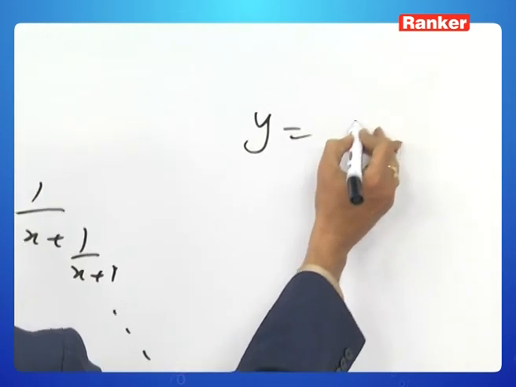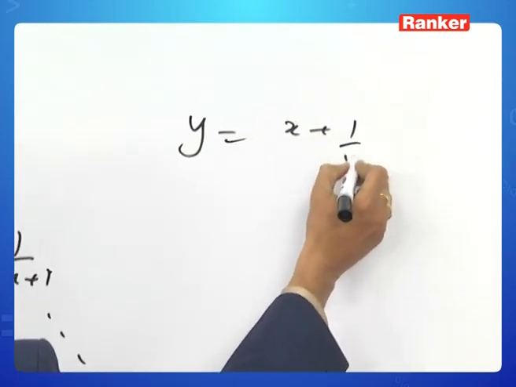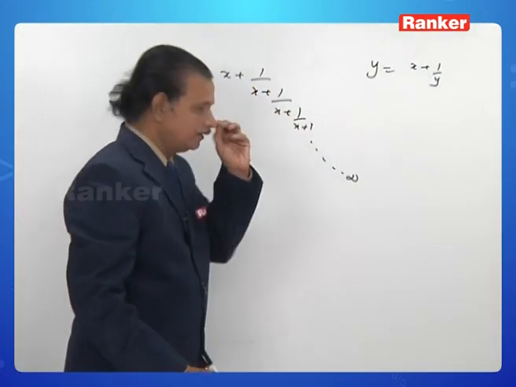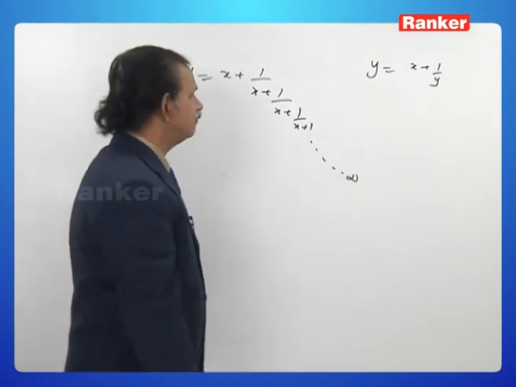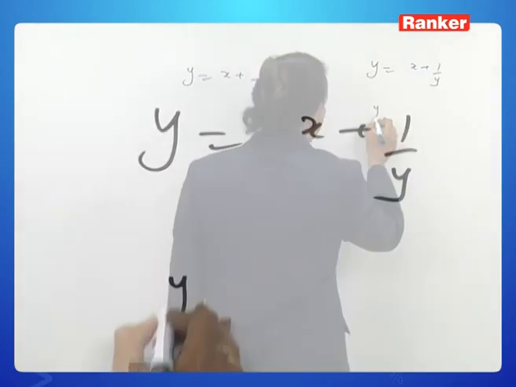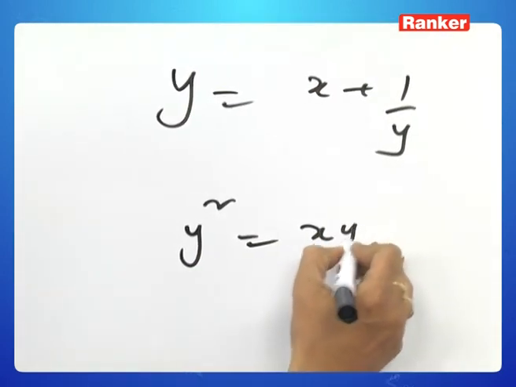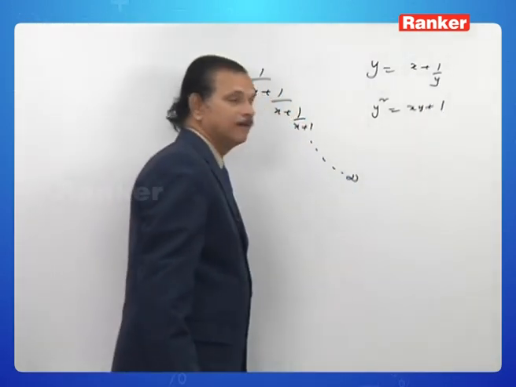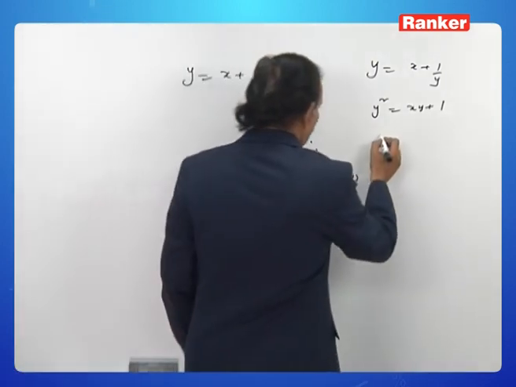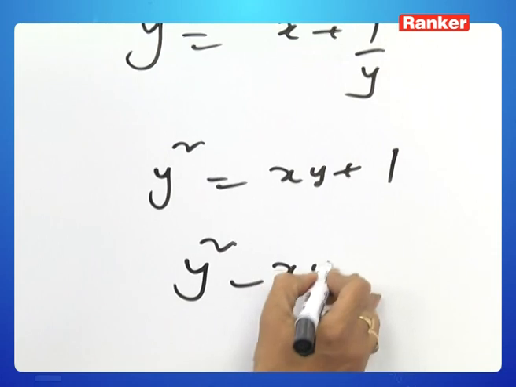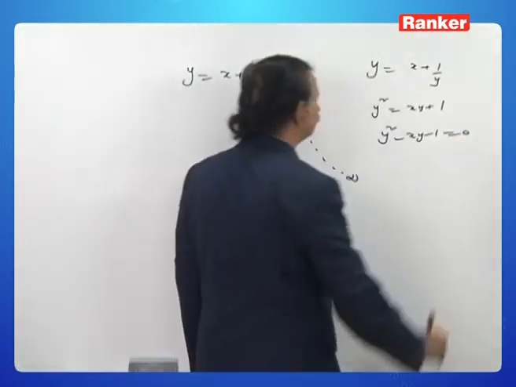Y is equal to x plus 1 by y, isn't it? Multiply both sides with y. What do you have? Y square is equal to xy plus 1, or y square minus xy minus 1 is equal to 0.